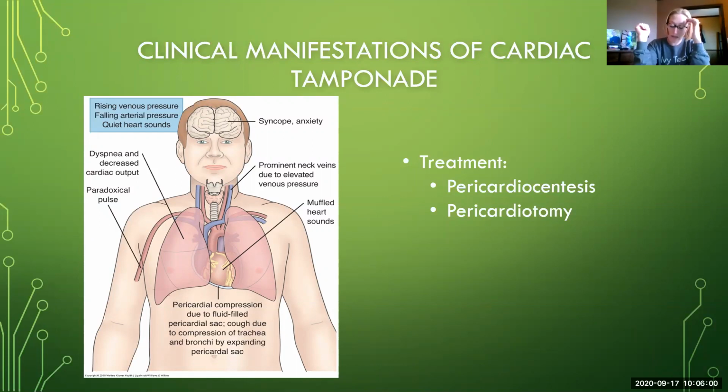To adequately do it, you would need an arterial line. It's about a 10 millimeter fluctuation, a 10 millimeter rise in their blood pressure on expiration. So that's another sign that they could be developing some cardiac tamponade.